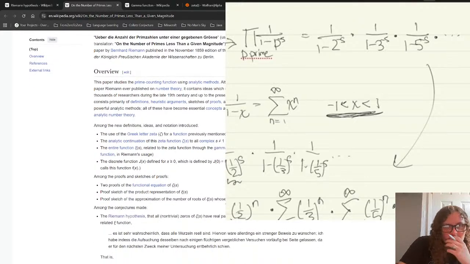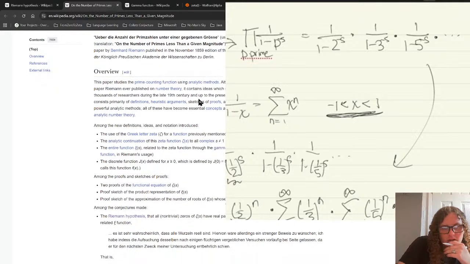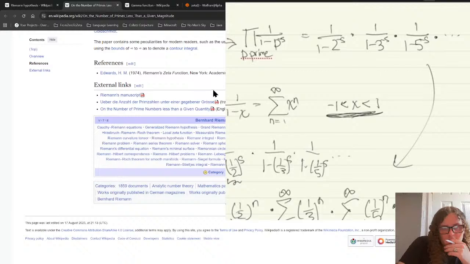The actual paper is written in German, so is there an English translation that I can read?